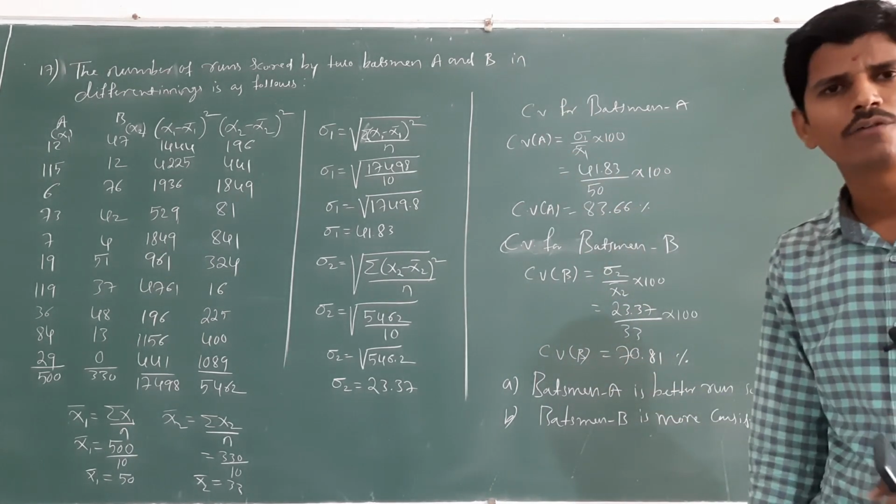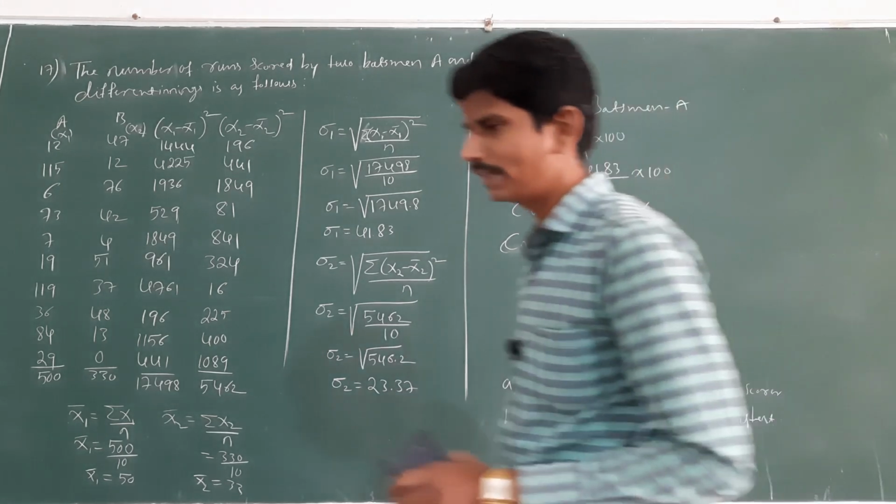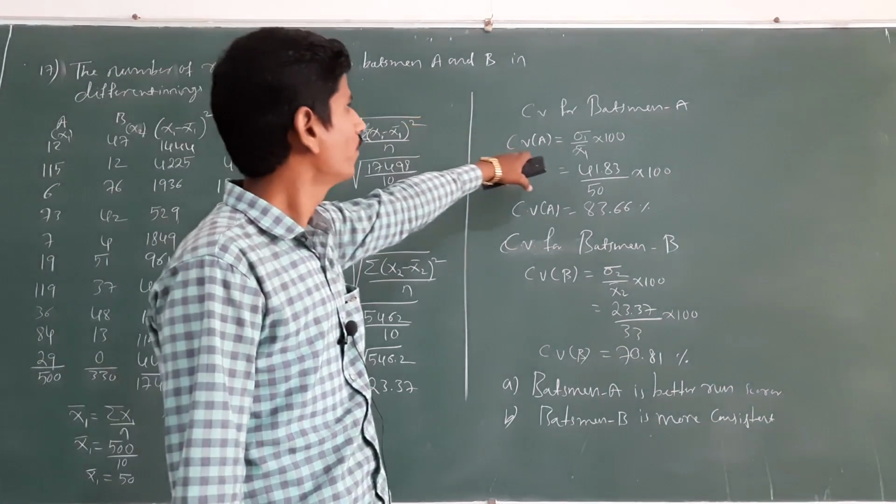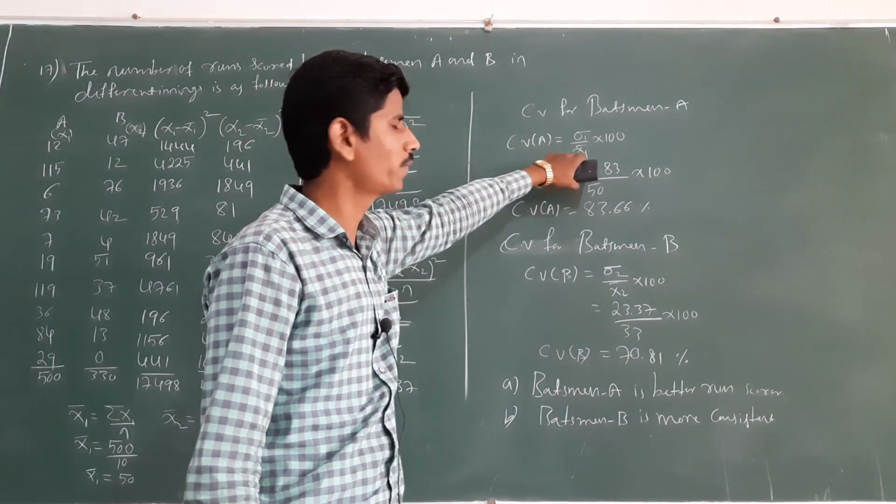Here they are given only the ungrouped case. Here the class intervals with respect to frequencies are not given, then you have to use the discrete formula. First we have to find CV for A, which requires sigma 1 by x1 bar into 100.